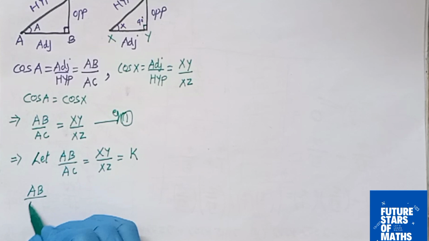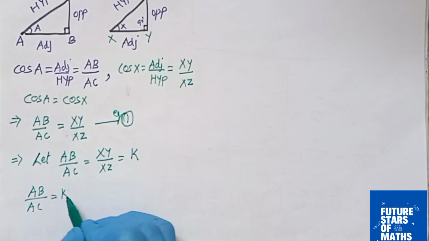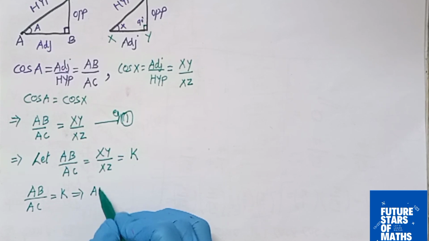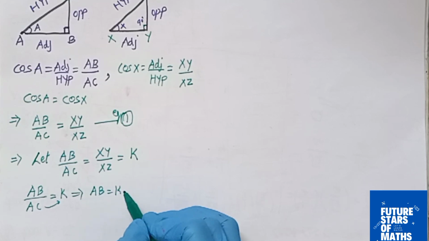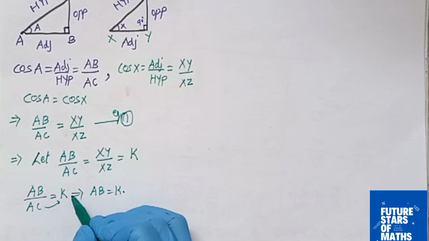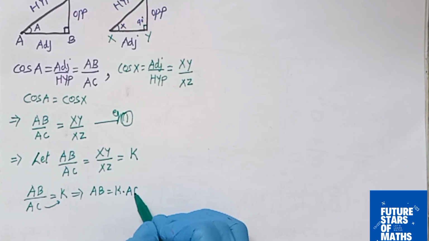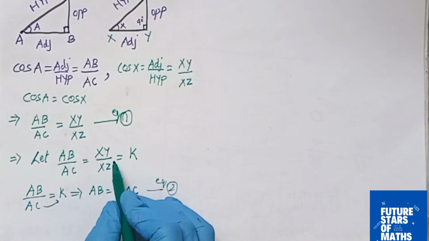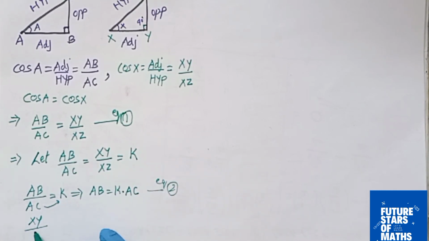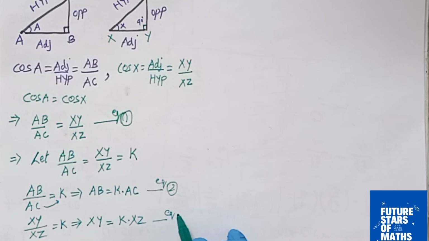AB by AC equal to k implies AB equal to, when we cross multiply, that is when we shift AC here, it goes from the denominator to the numerator, k AC. So this is our second equation. Similarly, XY by XZ equal to k is given, so we can find the value of XY equal to k into XZ. This will be equation 3. Okay, is it clear till here?